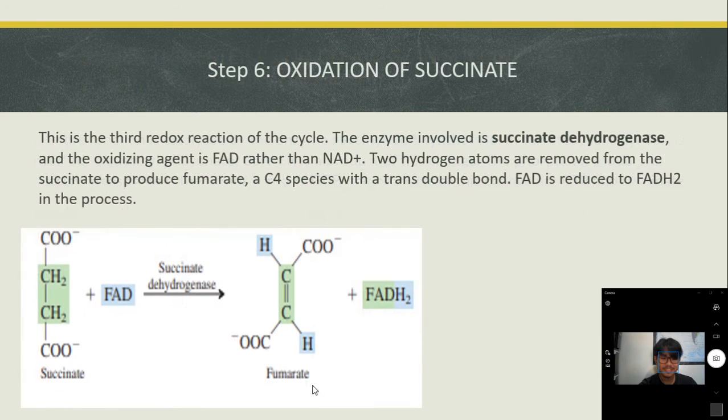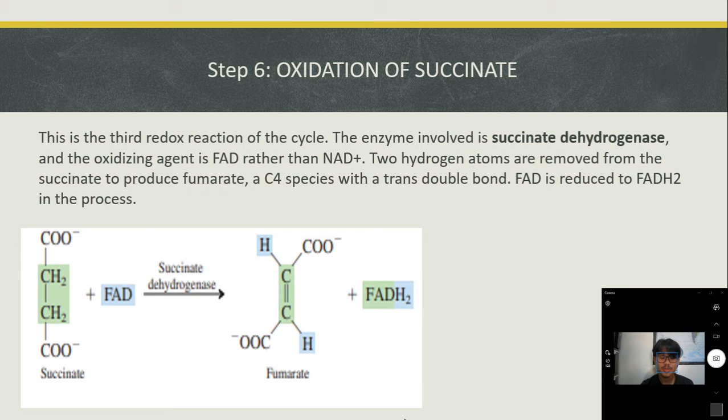Step 6 is the oxidation of succinate. It is the third redox reaction of the cycle. The enzyme involved is succinate dehydrogenase and the oxidizing agent is FAD, or flavin adenine dinucleotide, rather than NAD+. Two hydrogen atoms are removed from the succinate to produce fumarate, a 4-carbon species with a trans double bond.